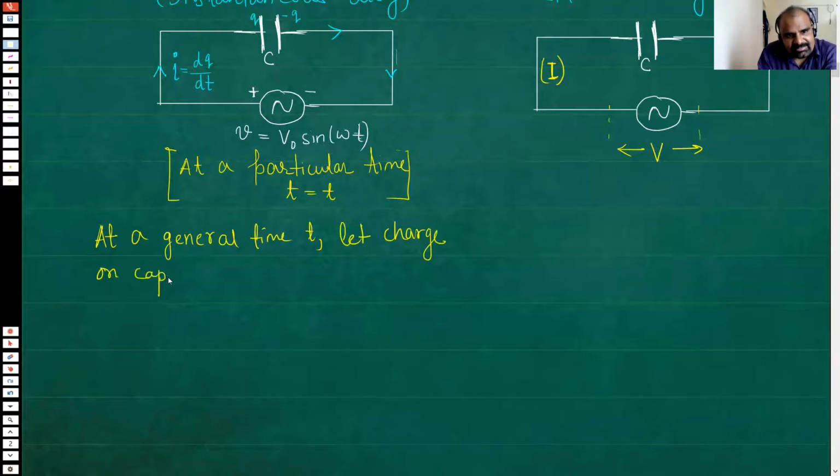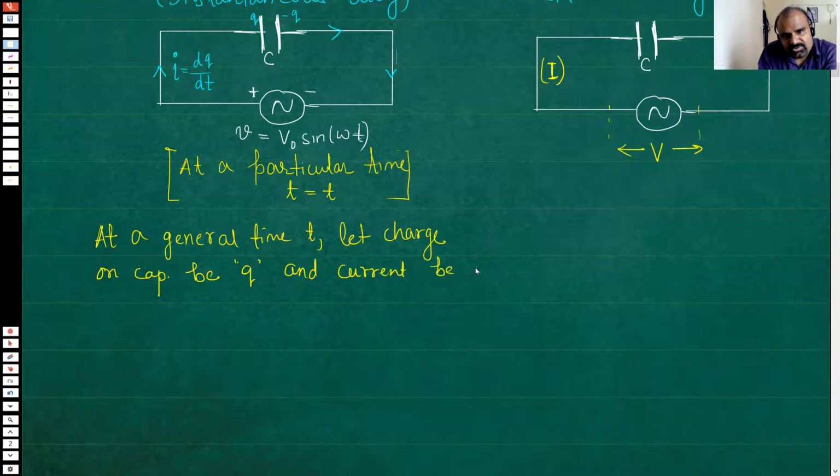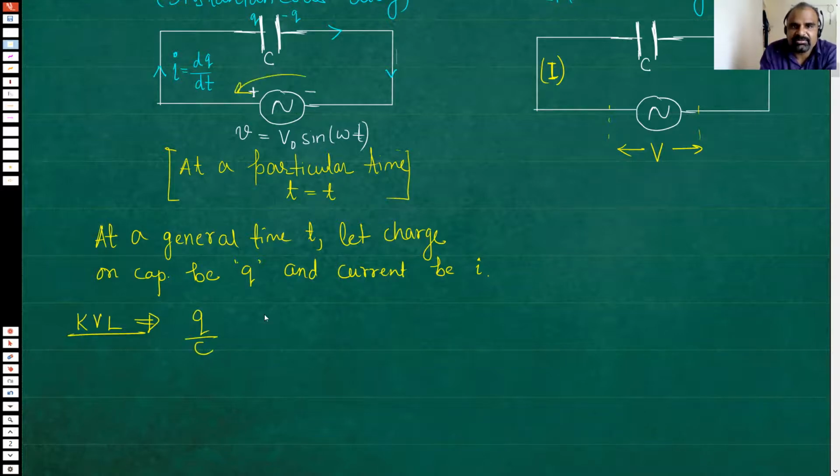Let charge on the capacitor be small q, and current be small I. Now we will apply a KVL. When you apply KVL from here to here, what do you get? Q by C. Then from here to here, what do you get?